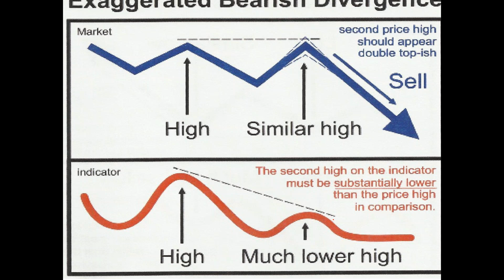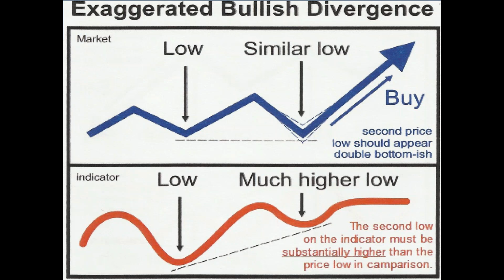So you can spot it on every time frame. Of course, the next lesson will be about how to trade the divergence. But now your goal is to learn about divergence. And the next class will be how to trade it. This is exaggerated bullish divergence. Okay?